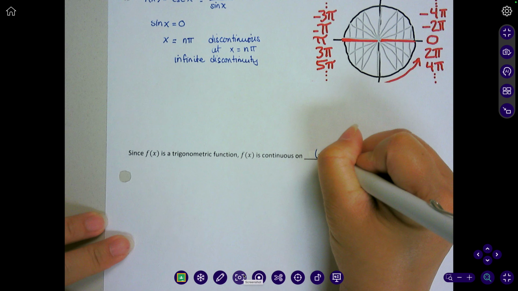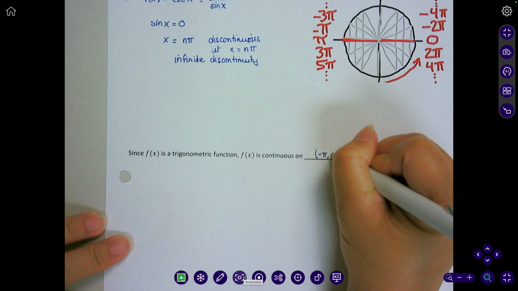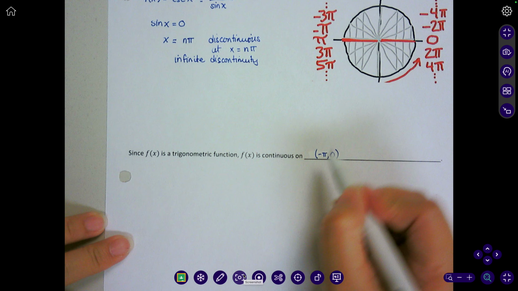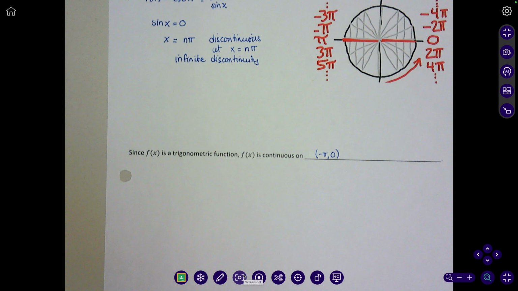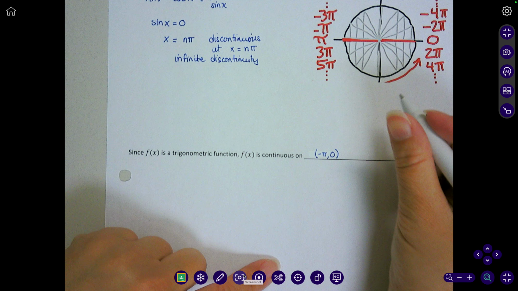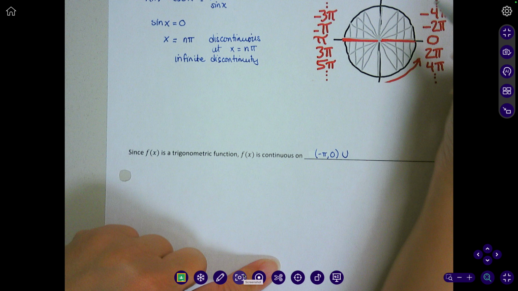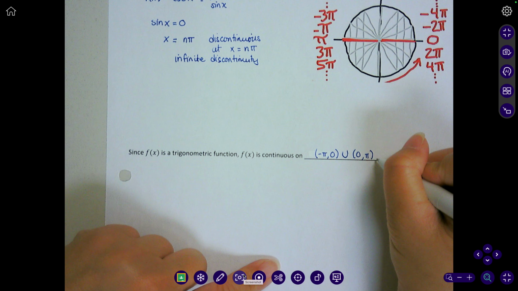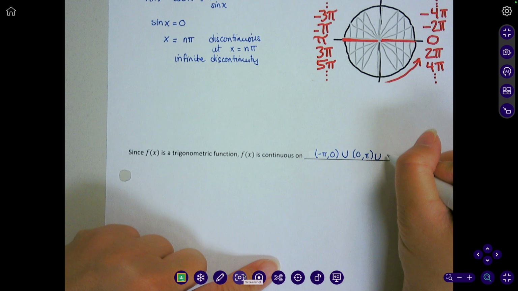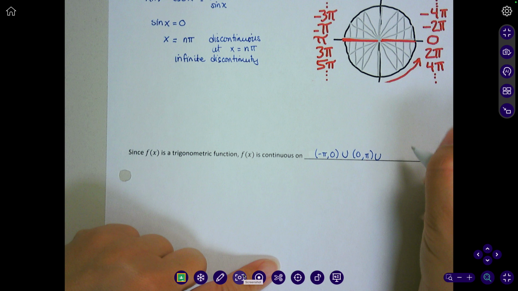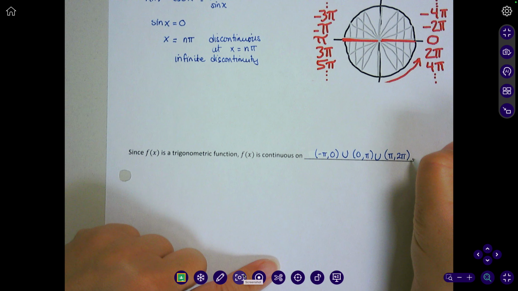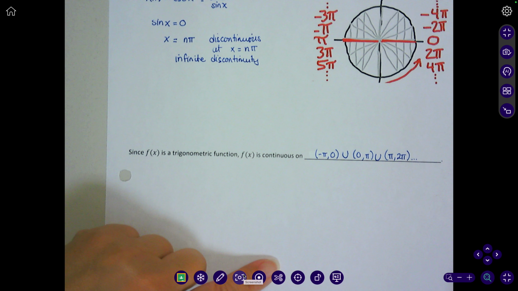Let's go with negative pi, comma 0. So if I start from negative pi, I can go to 0. Anything in between, the function is going to be continuous. Yeah? So we just exclude the discontinuity. And then we can go, well, from 0 to pi, right? Or from pi to 2 pi, etc. Are you guys good?